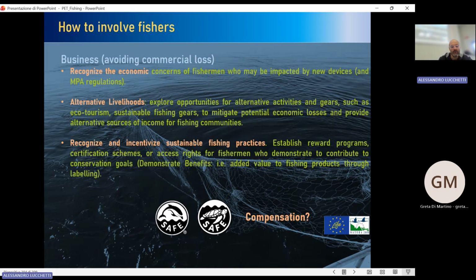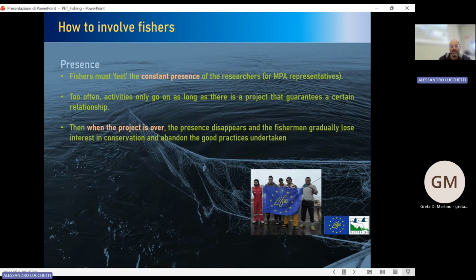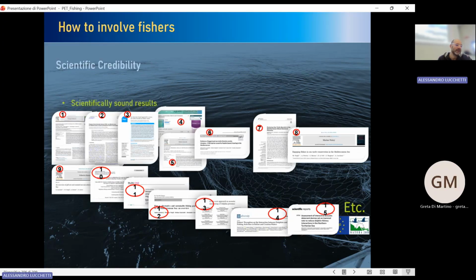The business: you have to provide something to fishers that increases or does not reduce their commercial loss, as I said before, and credibility. Publishing results in a scientific paper is not a research business. It is not a matter of wanting to publish to improve my CV. It is because when you want to demonstrate something, you have to be strong and scientifically credible.